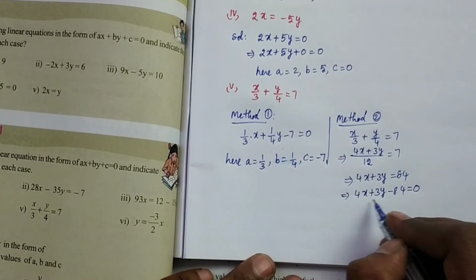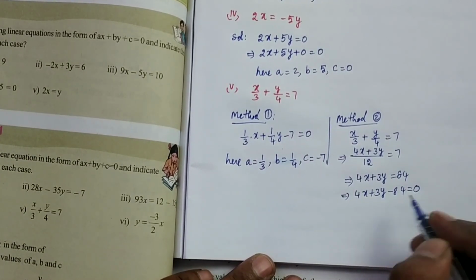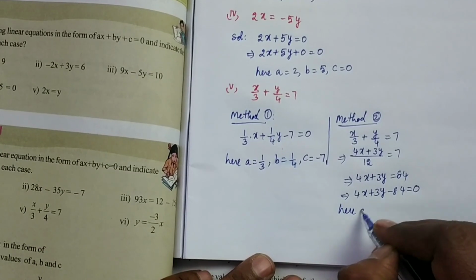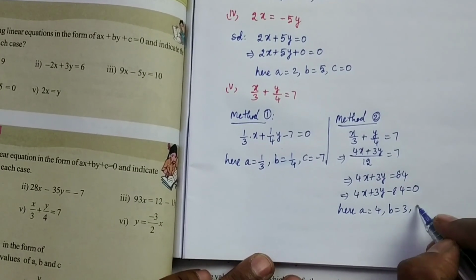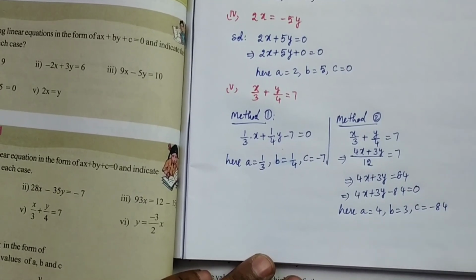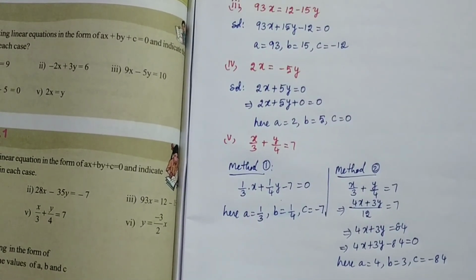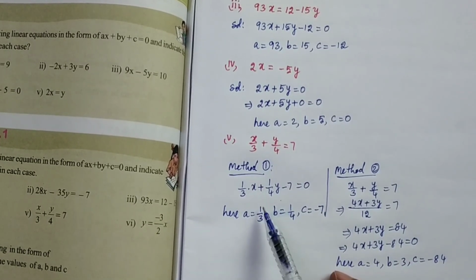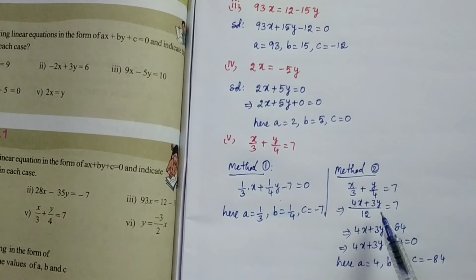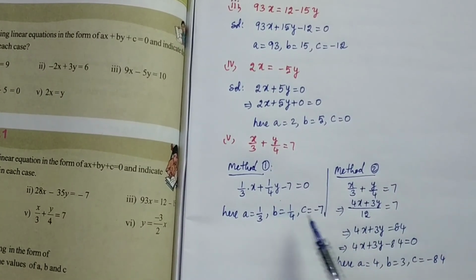Now it is in the form of ax plus by plus c is equal to 0. Here a is equal to 4, b is equal to 3, c is equal to minus 84. Here we got different values, but these two methods are correct. So you can choose any one of the methods.